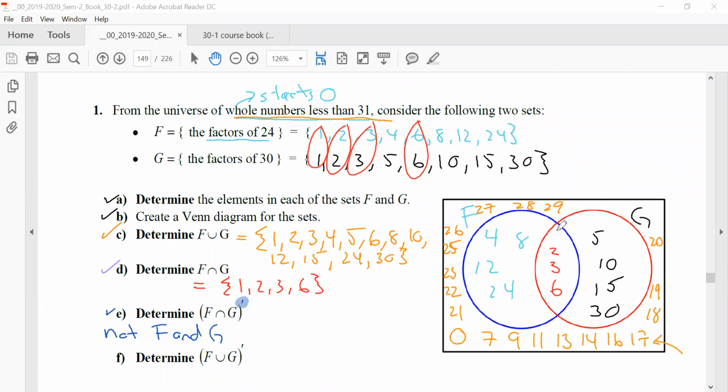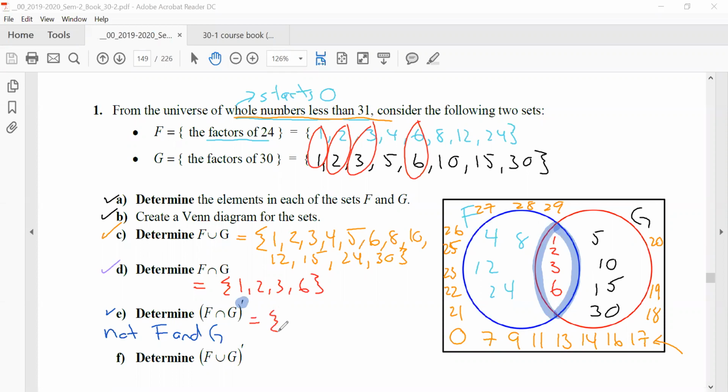So I find F and G, which is right there. And then I'm going to think about what's on the outside of that. Well, everything that's on the outside of that is all the numbers that are not 1, 2, 3, 6. All the numbers that are not 1, 2, 3, 6. So this is going to be a lot of numbers here.